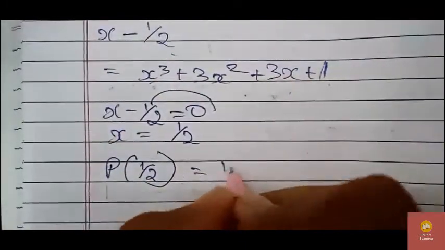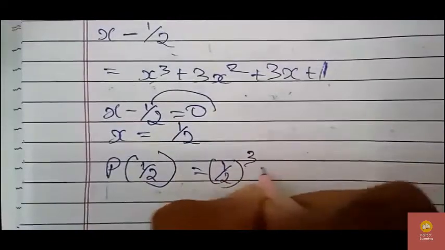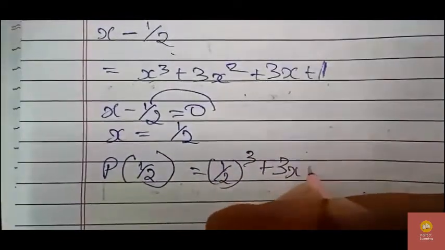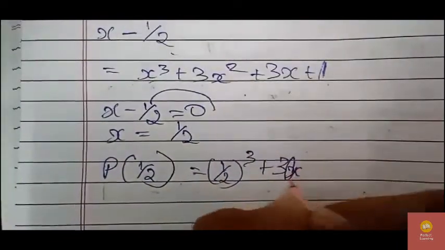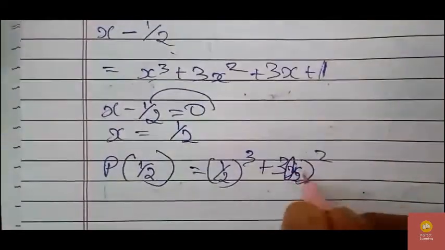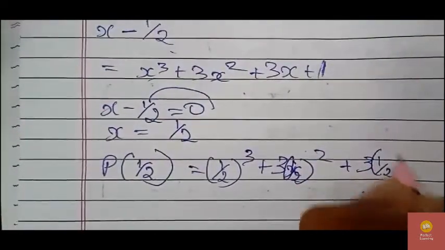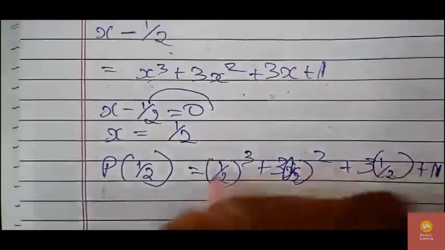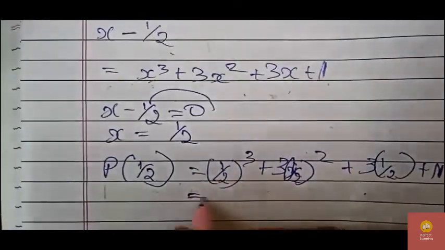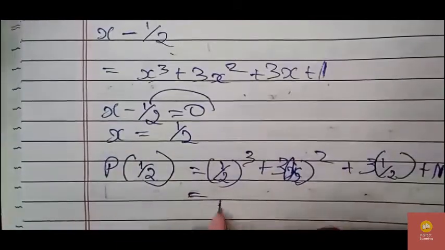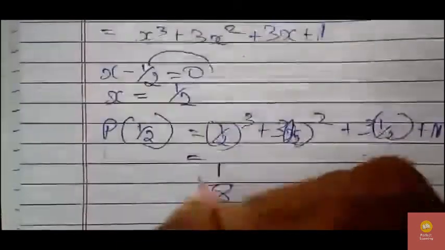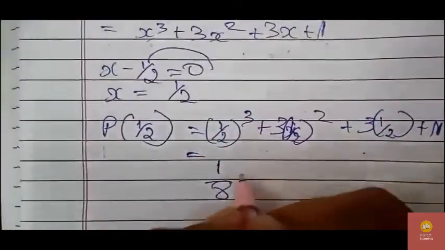is equal to 1 by 2 cube plus 3 into 1 by 2 square plus 3 into 1 by 2 and plus 1. Now 1 cube is 1 and 2 cube is 8.